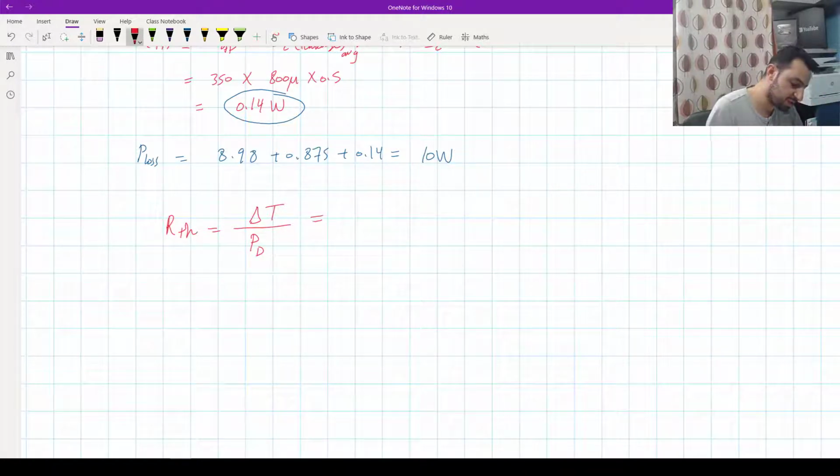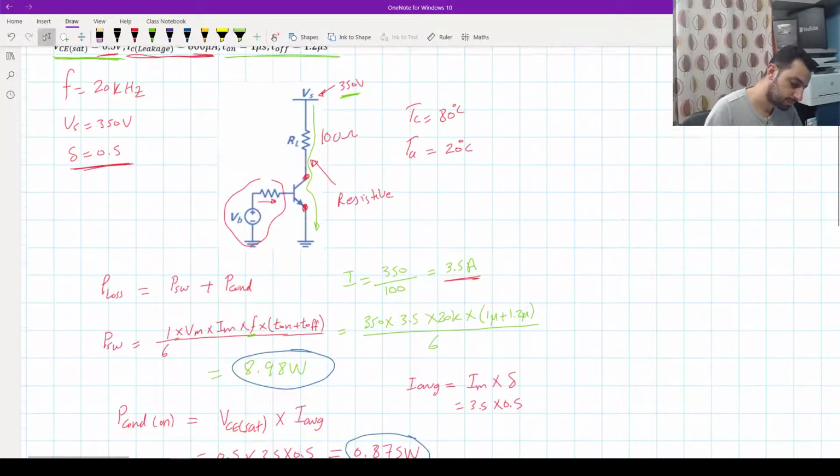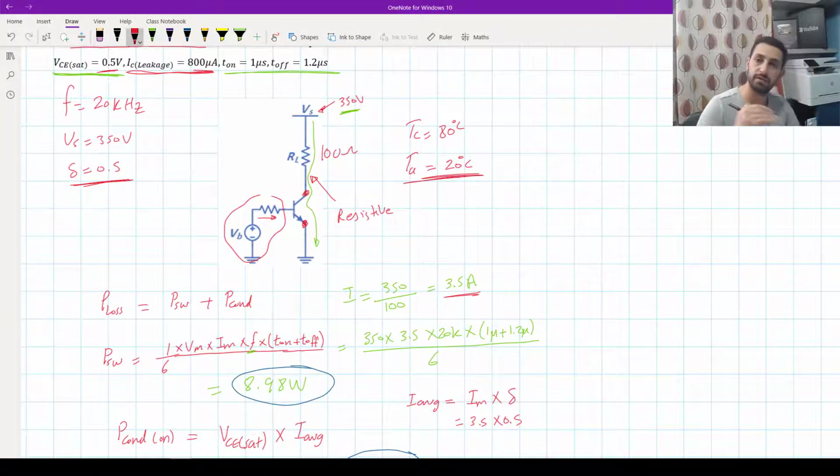And the question says we have an ambient temperature of 20. Once you start switching your MOSFET or your transistor, this will dissipate power and that will be converted to heat. Now the temperature will increase, but we want to use a heatsink to dissipate that and not exceed the 80 degree. So how do we do that?